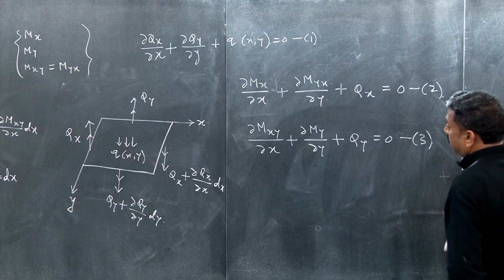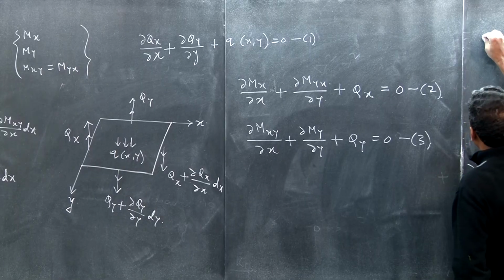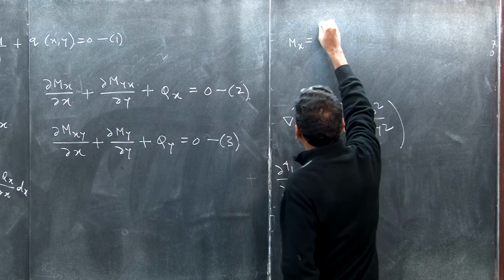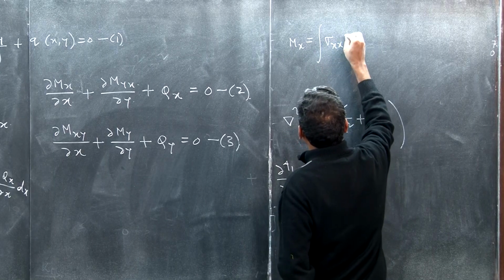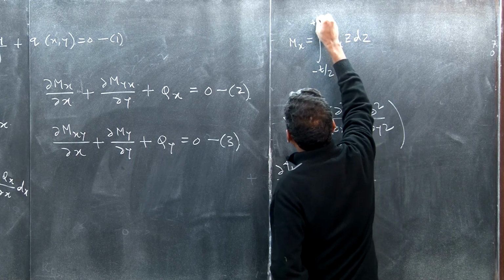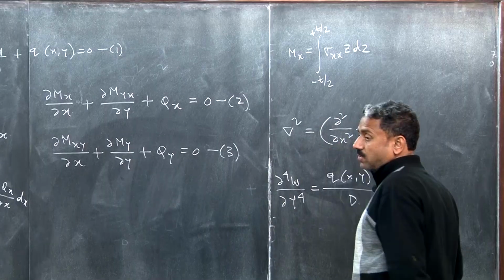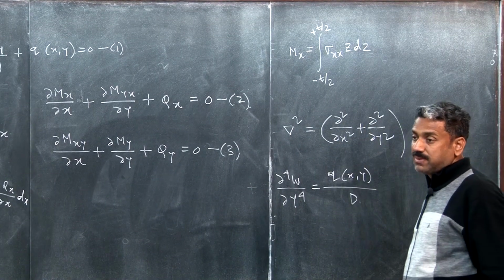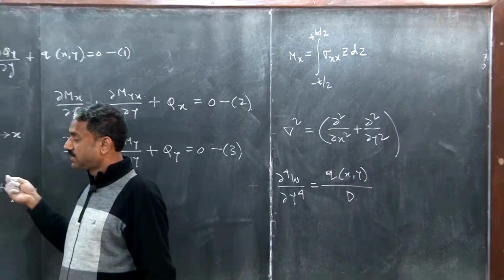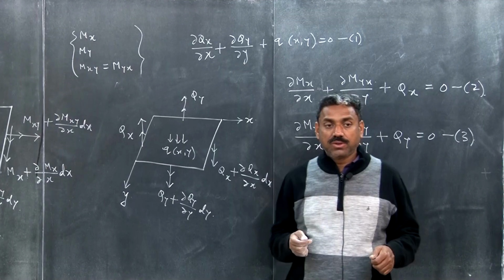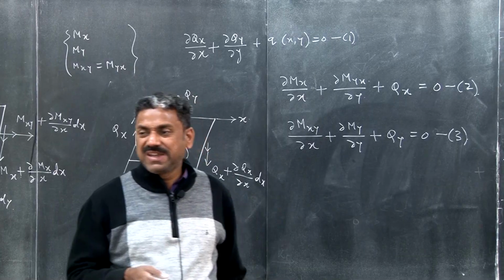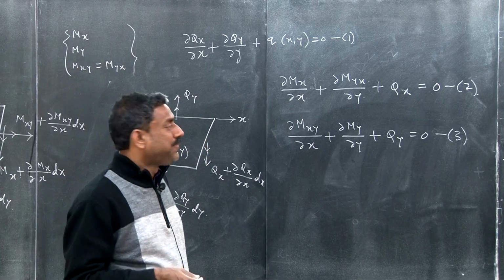And if you recall, we can derive what Mx is. Mx is nothing but the integration of sigma xx z dz from minus t by 2 to plus t by 2. And plate bending is basically generalized plane stress, right? Especially when we are discussing thin plate theory, which is Kirchhoff's plate theory, there is no shear deformation, so plane sections remain plane after bending.